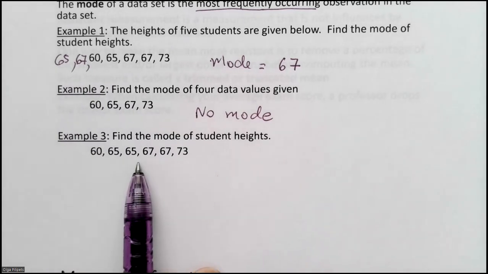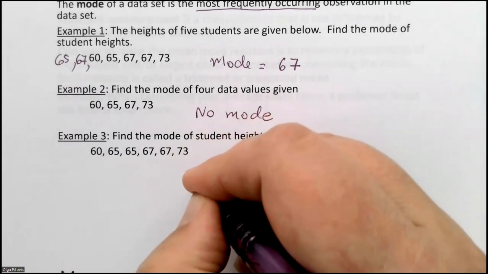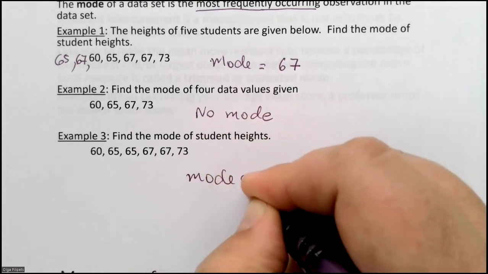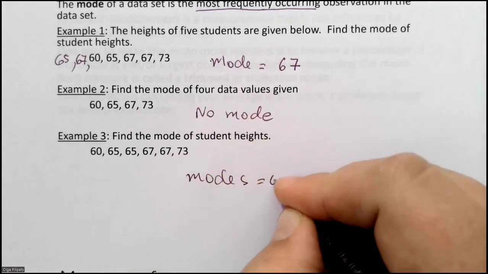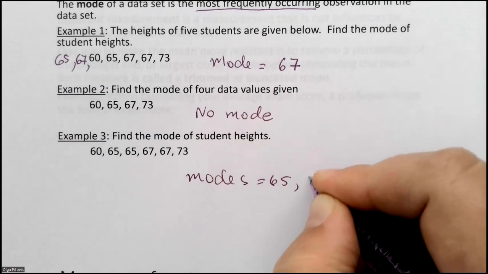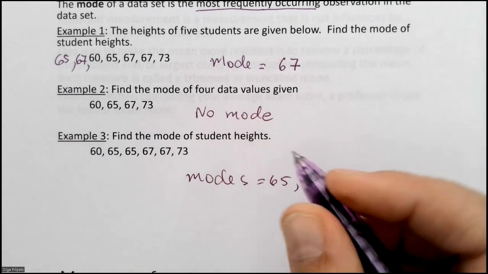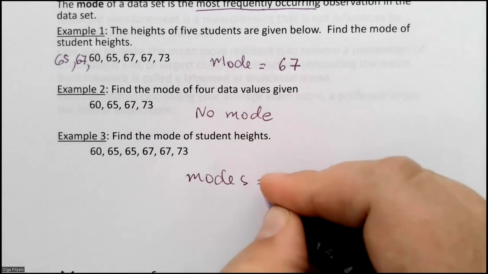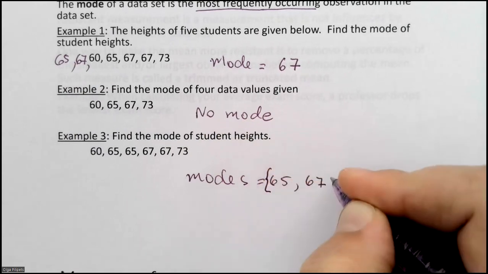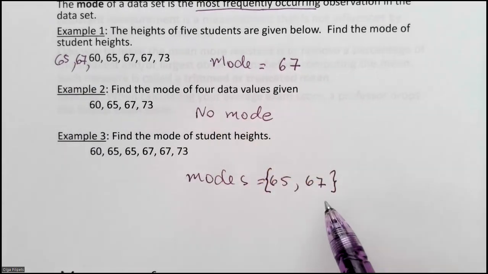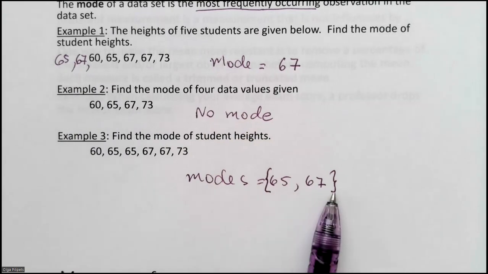It's a bimodal data set. So the modes are 65 and 67. And we could include them in a set, in braces, indicating that it's a set of values.